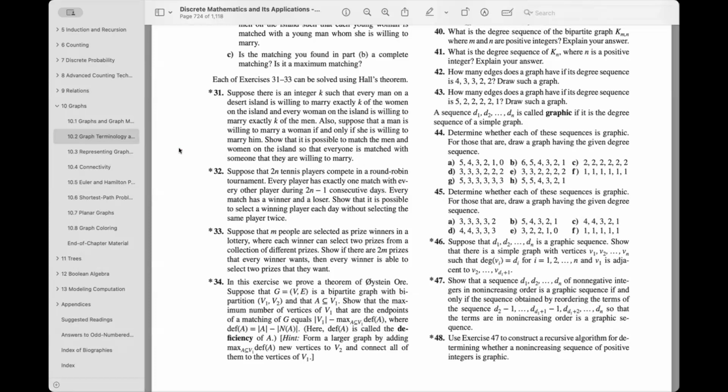Let me think. So I'll just use 3 as my k for now. So it's saying that a man is willing to marry if and only if she's willing to marry him. And it's possible to match the men and women so that everyone is matched with someone they're willing to marry. Let me think. This is kind of confusing.